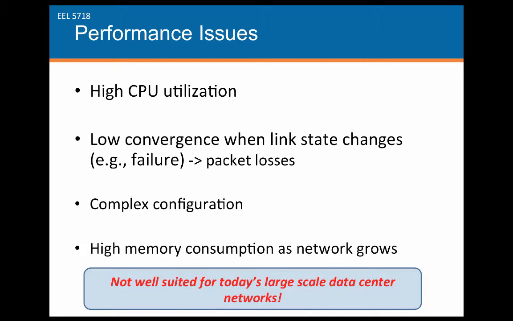It has a very big problem when a link changes state, because it may take a long time for all the nodes to recompute the routing table, which can lead to packet loss if you have to route a packet and you haven't completely recomputed your routing table yet. It also has a very complex configuration, and as the network grows, the memory required to maintain all the information in the network grows considerably.